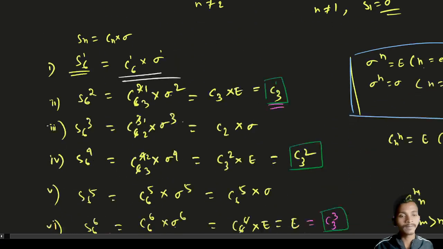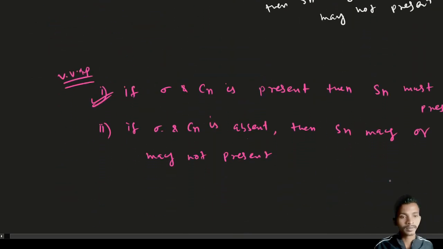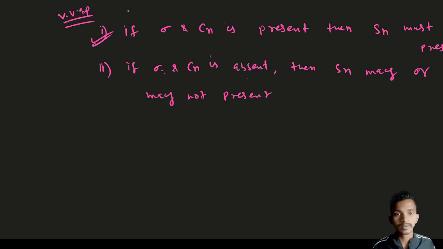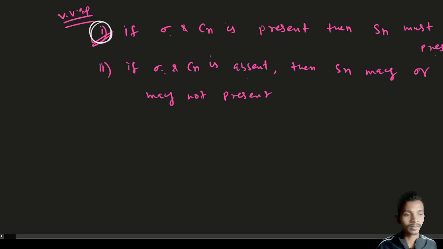So if both of these are absent, then also Sn may or may not be present. Okay, so these are the 2 points, and they are very important. If both are present, then Sn must be present, but if they are absent, then Sn may be present or sometimes may not be present.